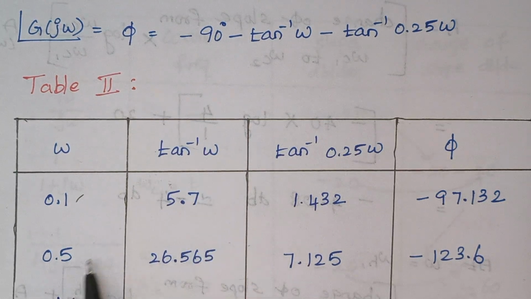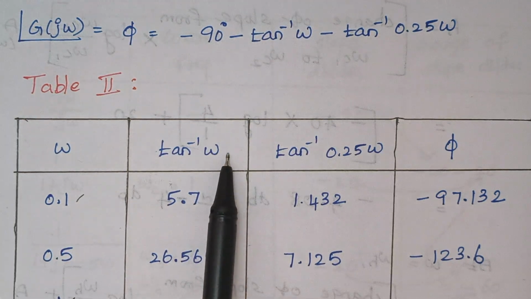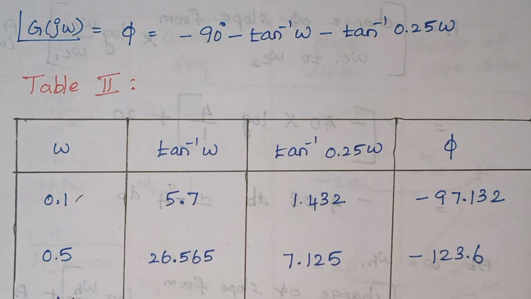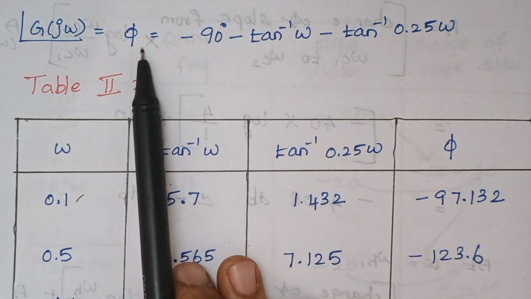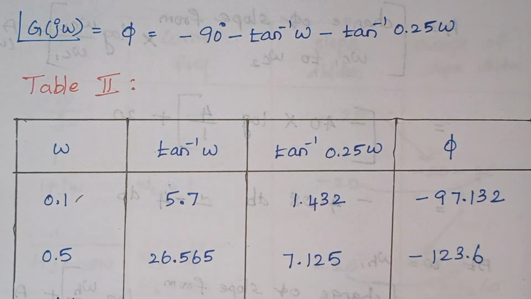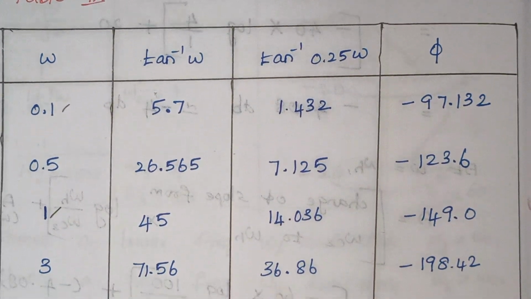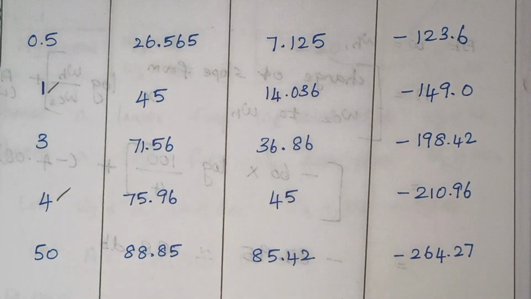And for the next step omega is 0.5, so tan inverse of 0.5 gives you this answer. Likewise, you just substitute and find out the values. Finally, substitute it in the formula for the phase angle and you will be getting the answer like this. So this is our phase plot for the given problem.